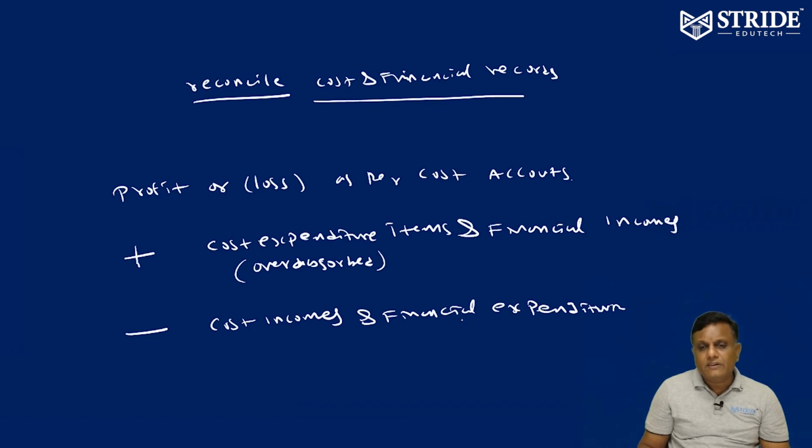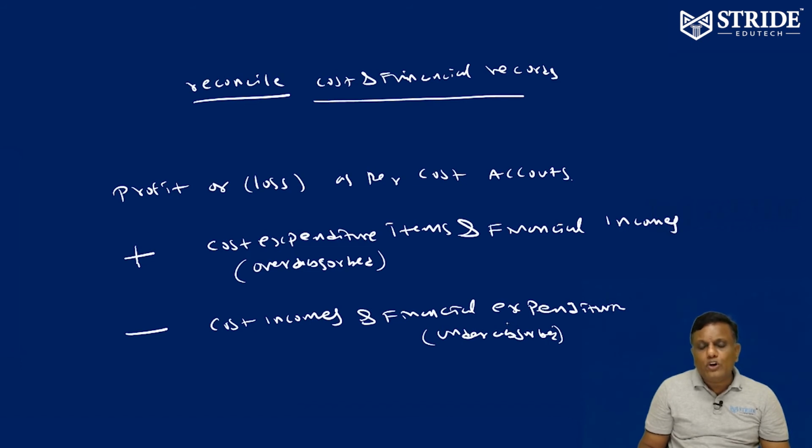Similarly, financial expenditure. When financial expenditure is more than cost expenditure, it is called under absorbed. That is to be subtracted. For example, depreciation as per financial accounts 1 lakh. As per cost accounts, depreciation 80,000. In cost, the depreciation is lower.